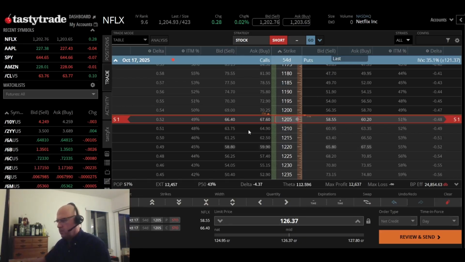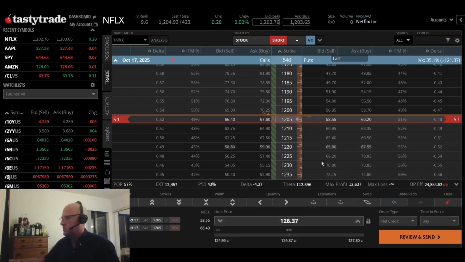But as you can see here, our probability of profit is only 57% according to the platform. And here's our probability of making 50% of that total credit. And it's actually lower. So it's not even 50%. So this is not a trade I particularly would like to enter into.